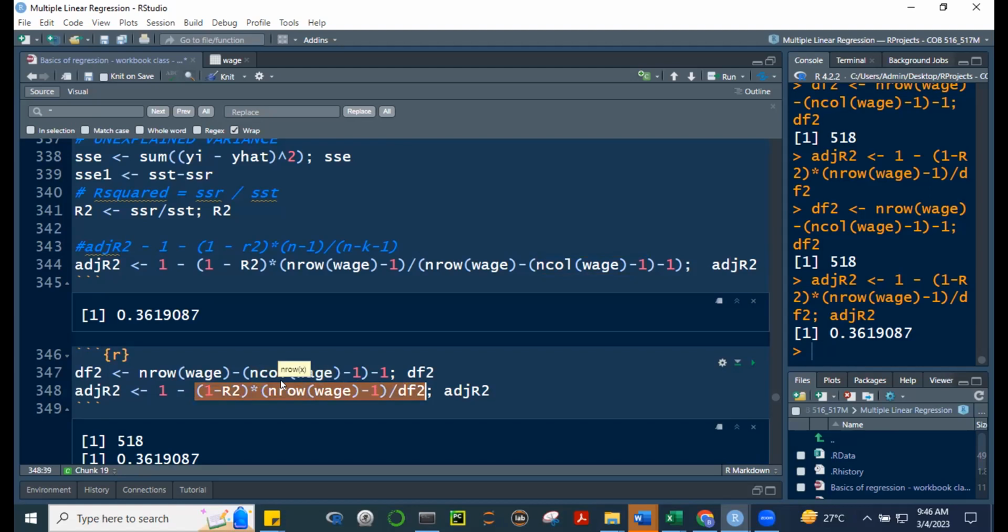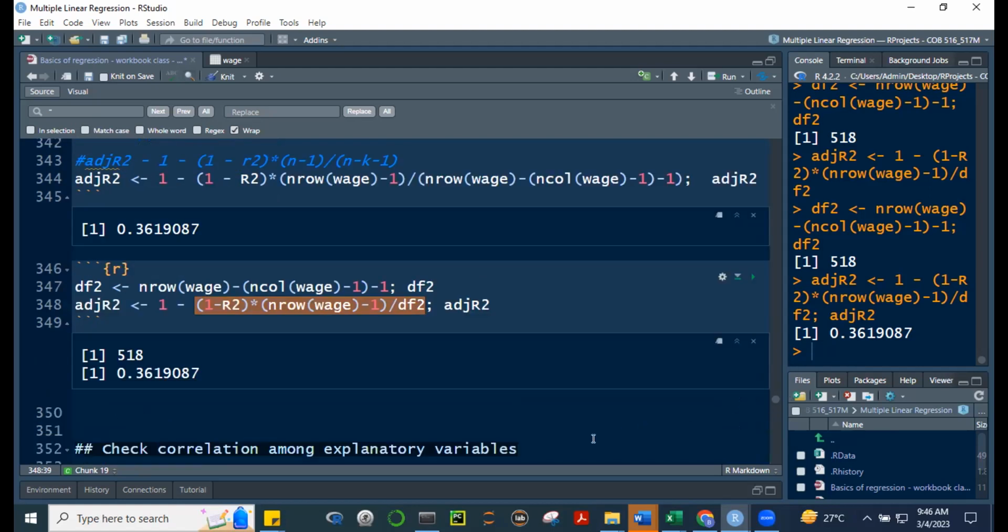And if this one becomes bigger, then 1 minus that one becomes smaller. So your adjusted r squared becomes less than your r squared. You are penalized for using more predictors. As I mentioned a while ago, this is where the concept of parsimony comes into play.